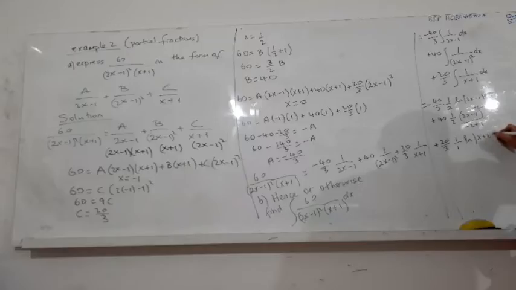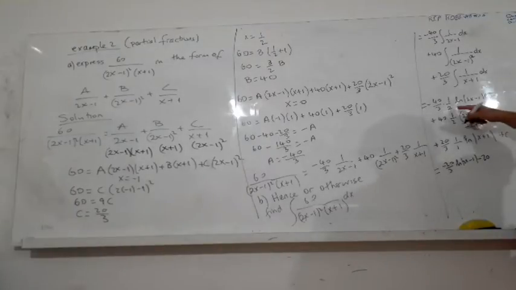So the simplified answer is going to be minus 20 over 3 ln 2x minus 1, minus 20 over 3 ln 2x minus 1, minus 20 (2x minus 1) to the power of minus 1 and plus 20 over 3 ln x plus 1 plus c.